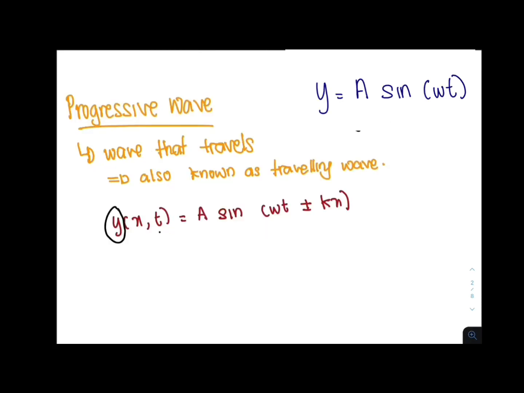Your y here is in terms of x and t, di mana your y here is the displacement now. Y yang akan jadi displacement, and this displacement, to be more specific, is known as the displacement of particle. Displacement of particle from the equilibrium point.